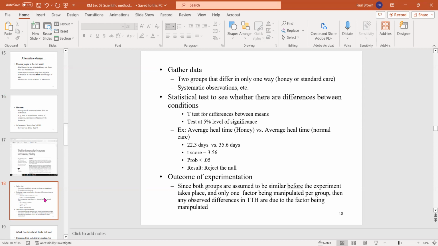My null hypothesis is that there's no difference between the groups. I get these two different numbers. Does this tell me that there is a significant difference between the two groups? And what does that mean?